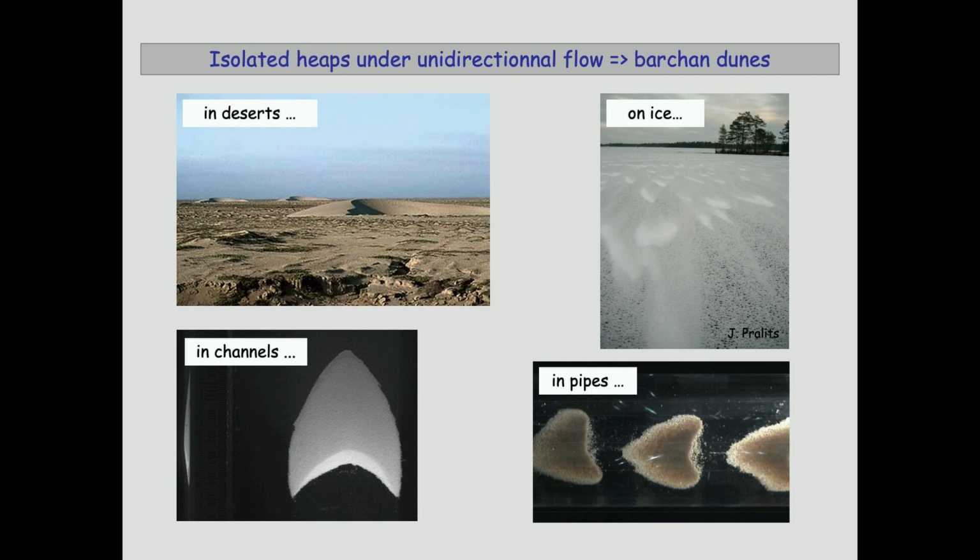They grow on poorly erodible or non-erodible grounds. So there are sand heaps which travel under a constant wind direction. Here we see three such dunes. The typical size is 100 meters and the typical height about 10 meters.